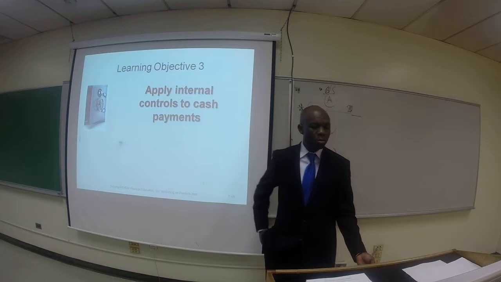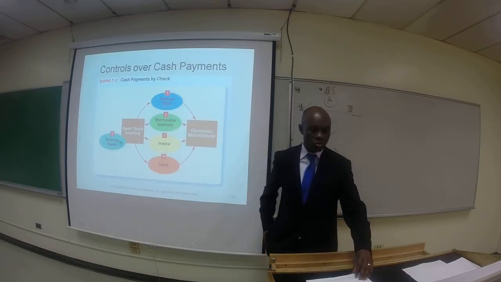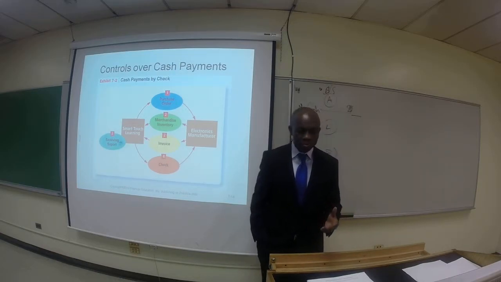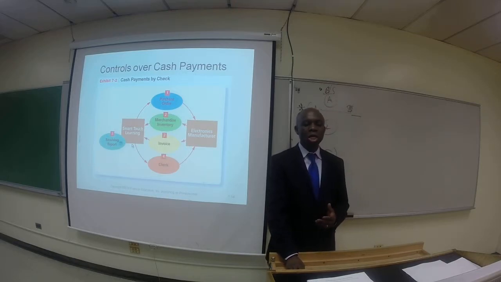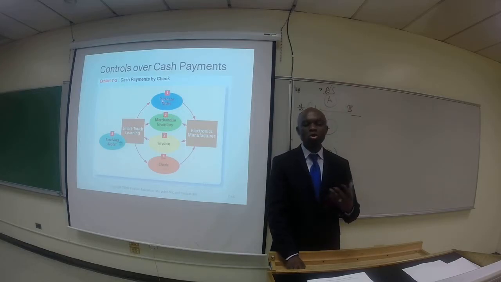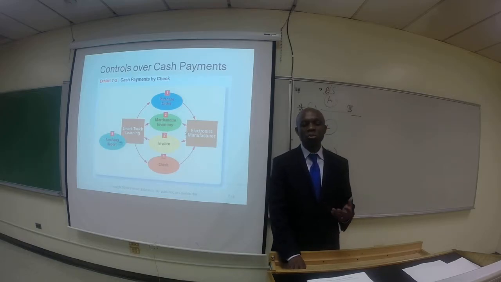So moving forward, let's take a look at some of the applications of internal control to cash. Take a look at this diagram. It's very typical. This company, Smart Touch Learning, prepares a purchase order authorizing the electronics manufacturer to send it some goods.